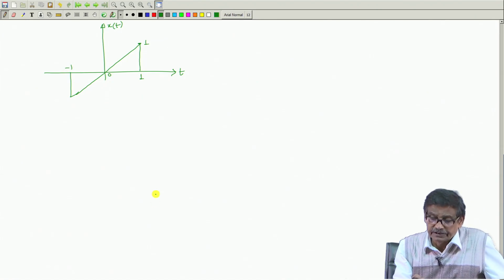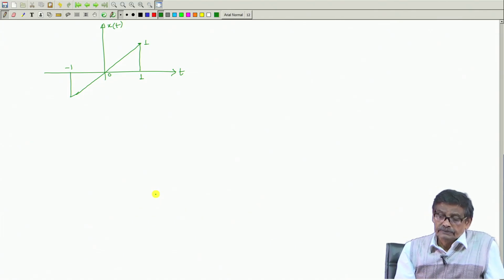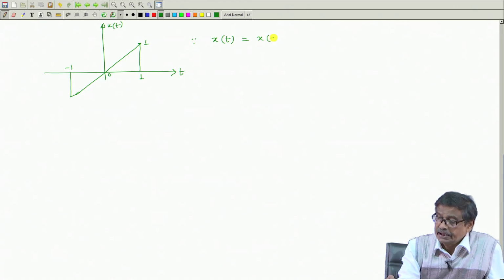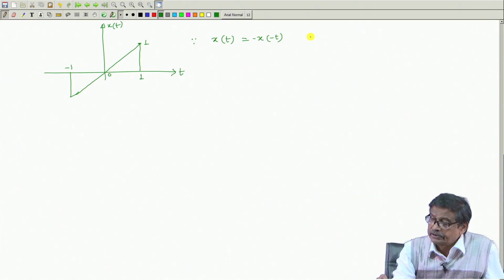Now, this function x(t) is equal to minus x(minus t), with a negative sign, so it is called an odd function. You must be knowing.